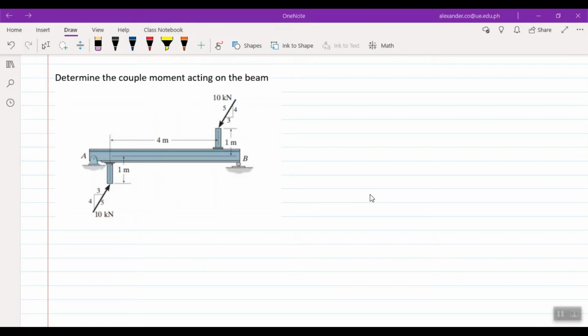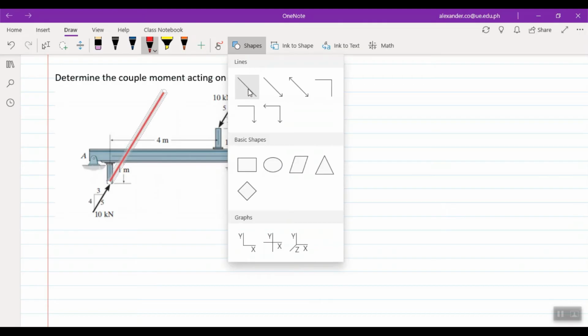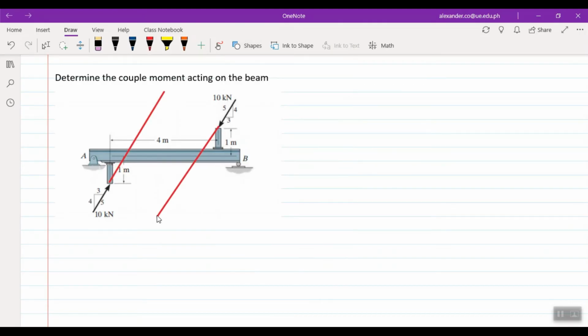So now problem number 2. Let's also determine the couple moment acting on the beam. For a couple moment, the forces have the same magnitude but different direction and are parallel. So this force here, and this one here, are parallel. Why did I say that? Because as you can see, this 10 kilonewton is also 10 kilonewton, so they have the same magnitude.